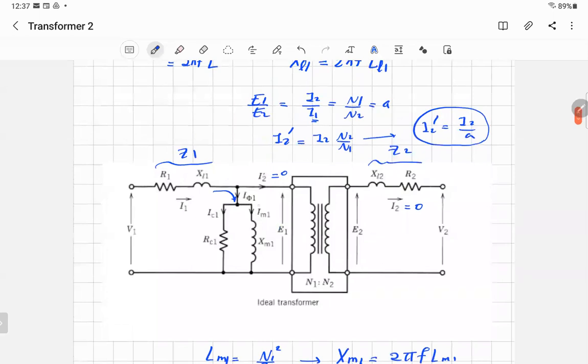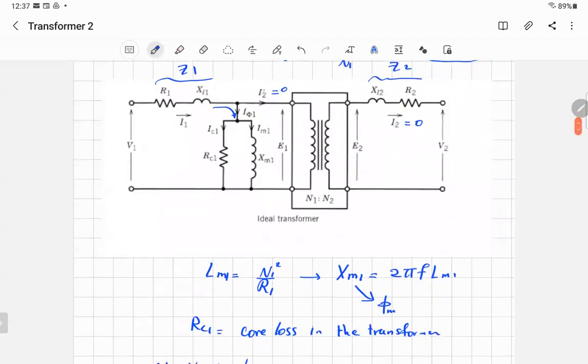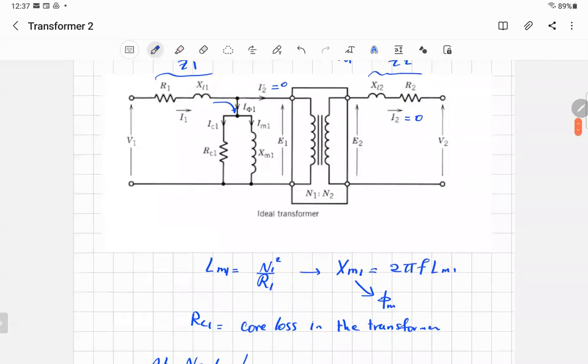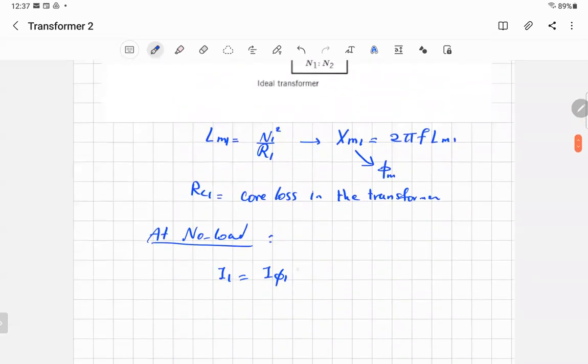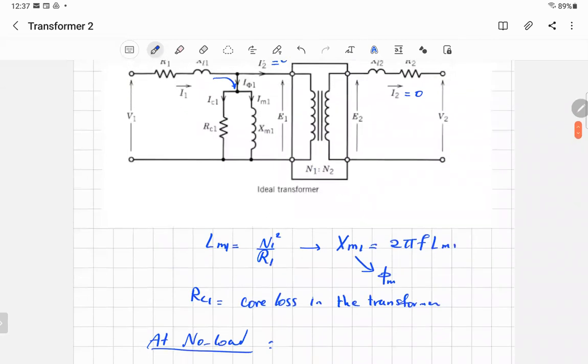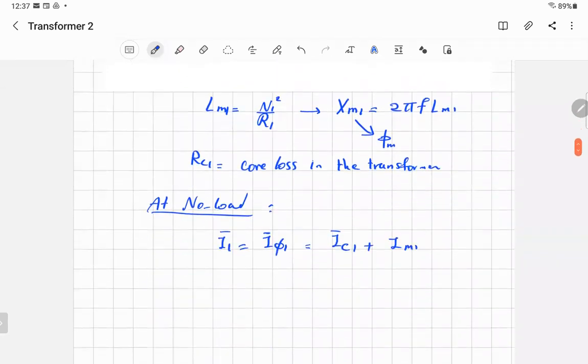That's the one responsible for two parts: one for the core loss, and one for the flux, IM1. Why do I write IM1, not IM2? Because I'm on the primary side. Can you do it on the secondary? Yes, of course, you can find that too. But let's just do it in this one.